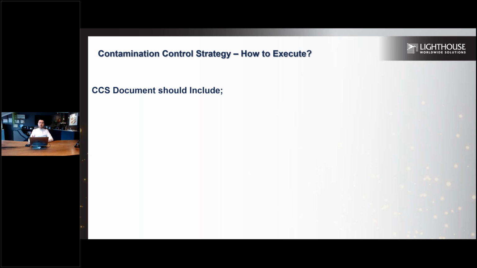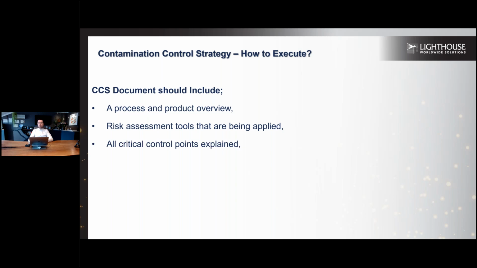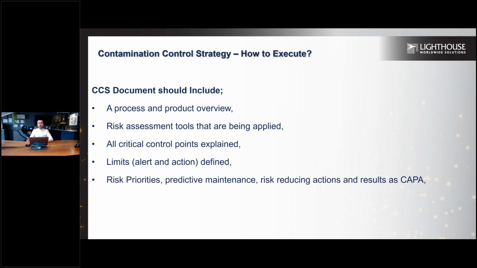This contamination control strategy document should include a process and product overview and the risk assessment tools that are being applied, all critical control points explained, and our alert and action limits should be defined. Risk priorities, predictive maintenance, risk reduction actions, and results of CAPA should be in place.